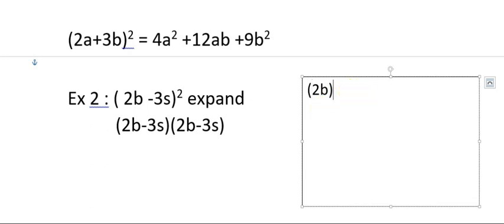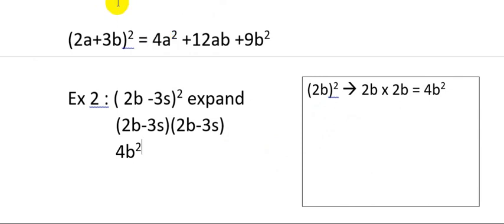That means 2b multiplied by 2b, which is equal to 4b square. So that is your first term. So I am directly writing the answer. The first term is 4b square.